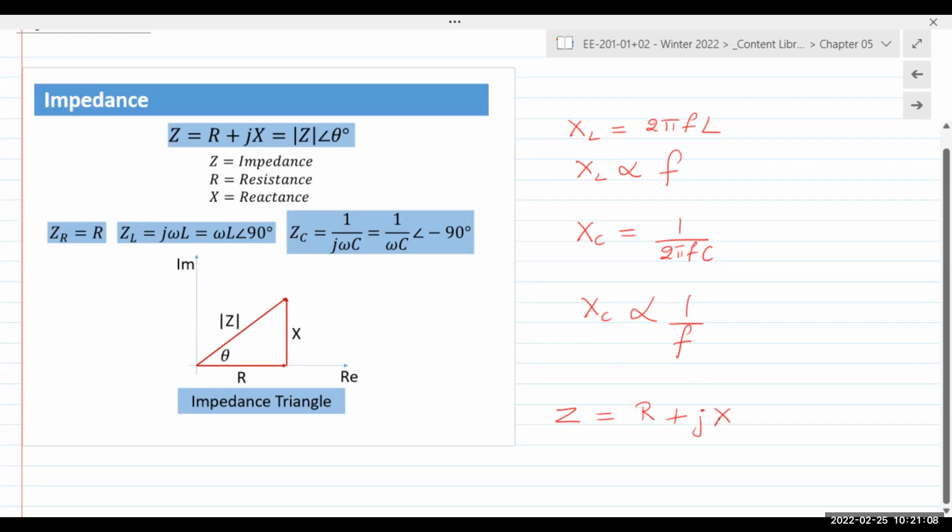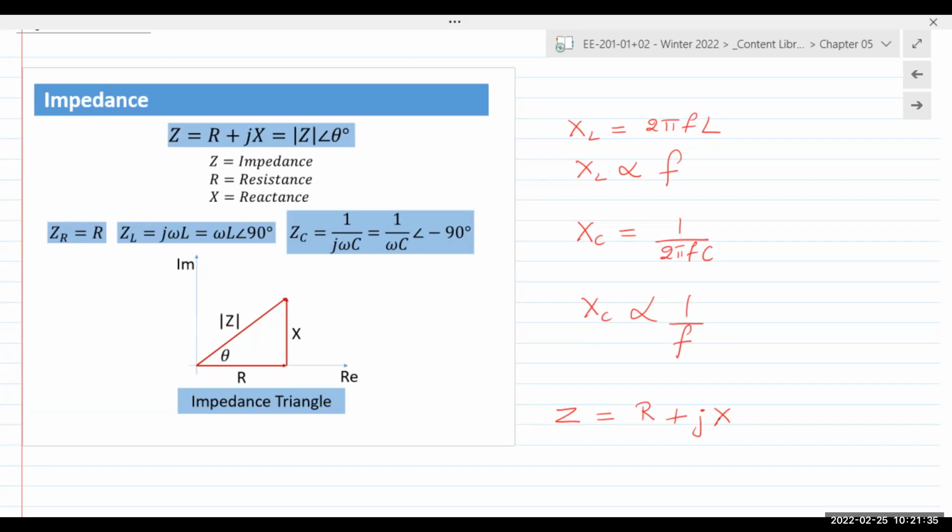Hence you will often hear or read the phrase imaginary reactance. It is not imaginary in physical terms, it is imaginary in mathematical terms. It's not just floating in the air that someone has come up with.